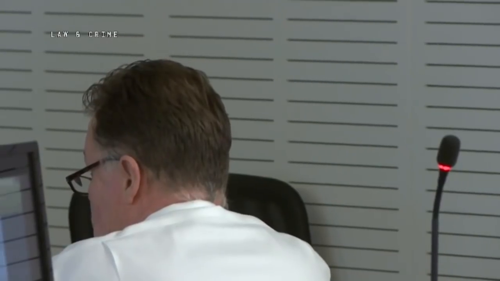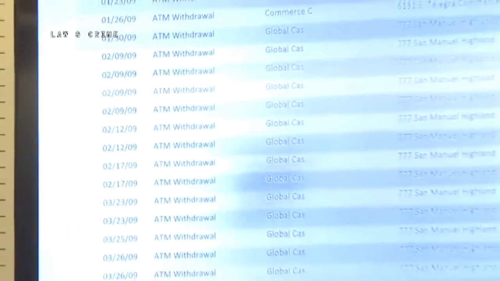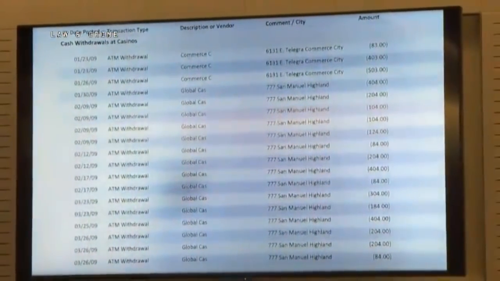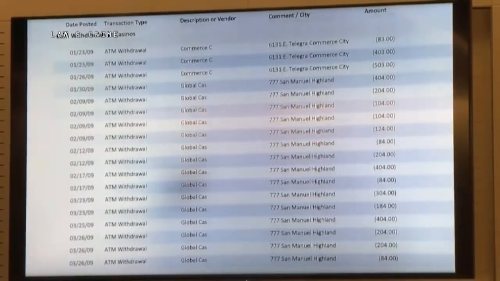Looking at the cash transactions by category, and this would be 876, did you have an opportunity to go through the defendant's bank records and highlight transactions consistent with cash withdrawals at casinos? Yes. When you did that, did those categories also include the PCAs or GCAs that were in the account?